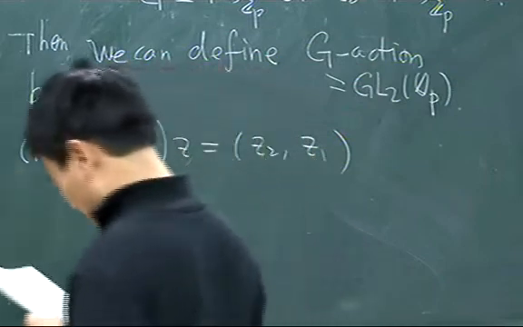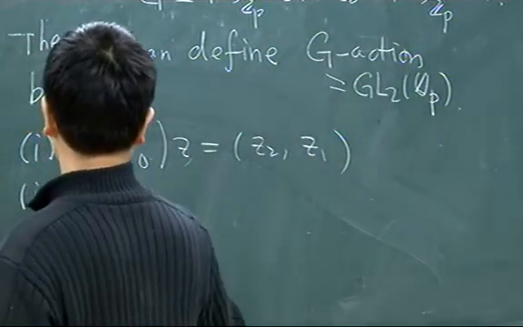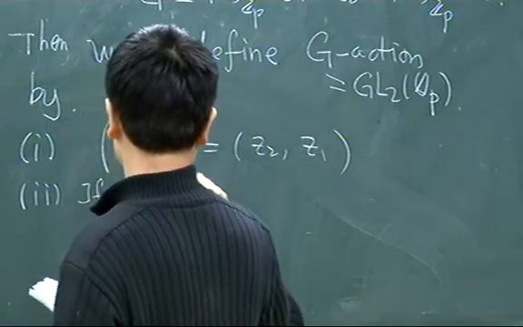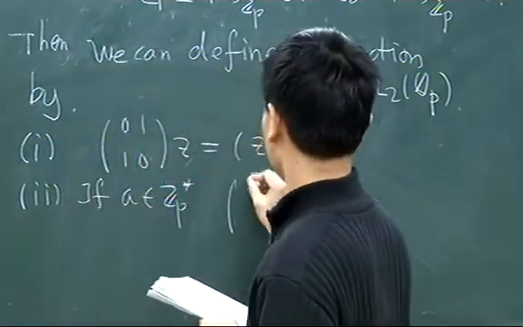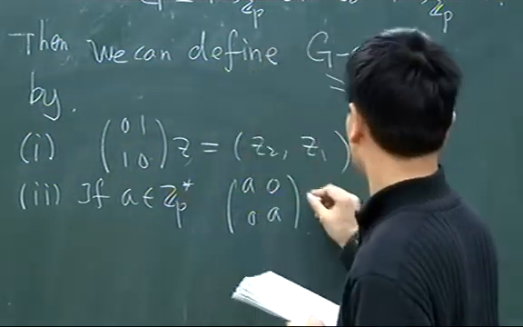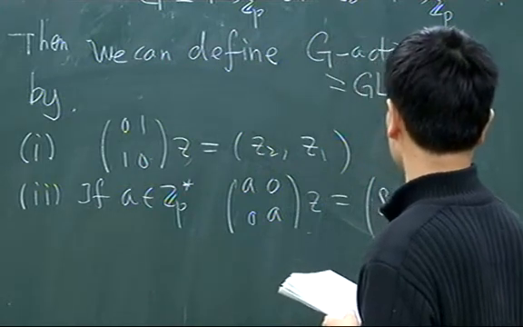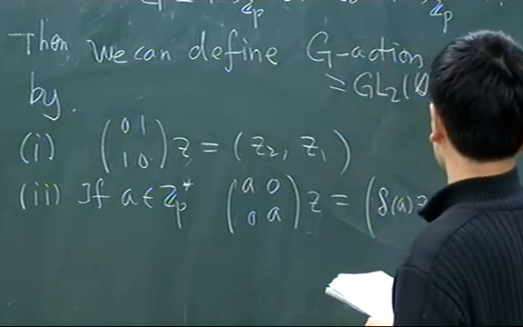And the second is if A is contained in Zp cross, then for these Borel ones, the diagonal ones, delta A, Z1, delta A, Z2.